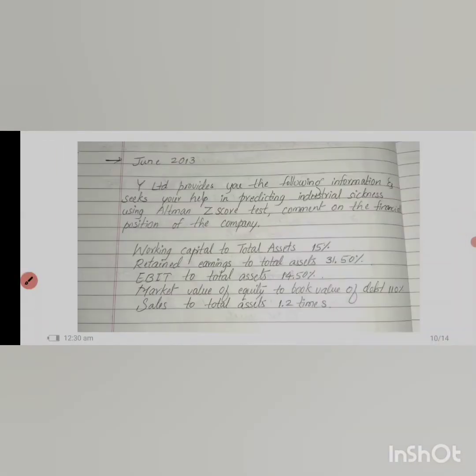Next we have one problem which had been asked in 2013, which is also 5 marks. Exactly the same kind of question is there, nothing is different. So Y Limited provides you the following information and seeks your help in predicting industrial sickness using the Altman Z-score test. Comment on the financial position of the company.